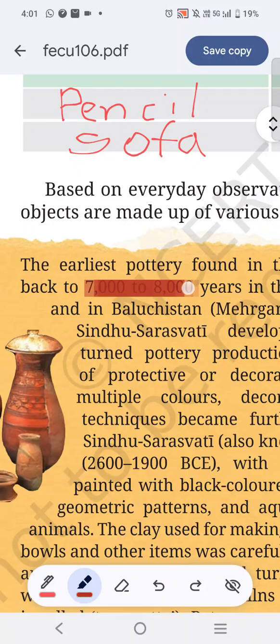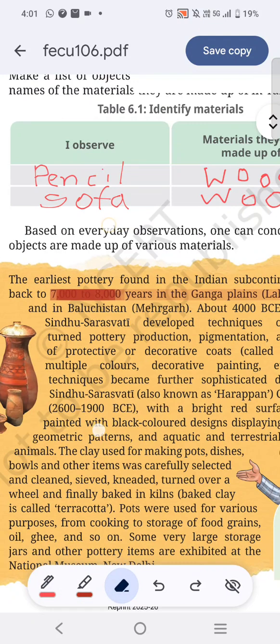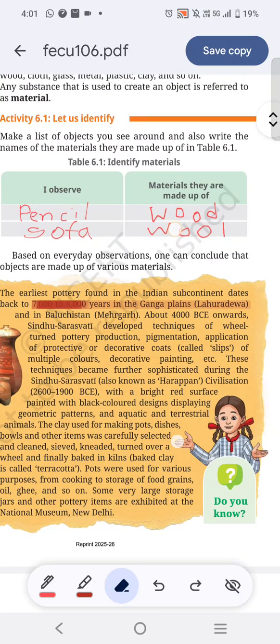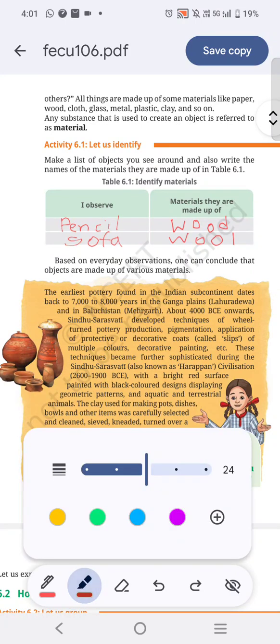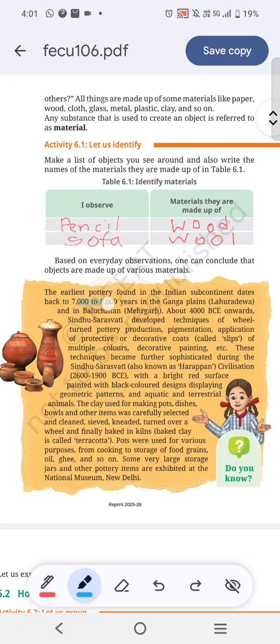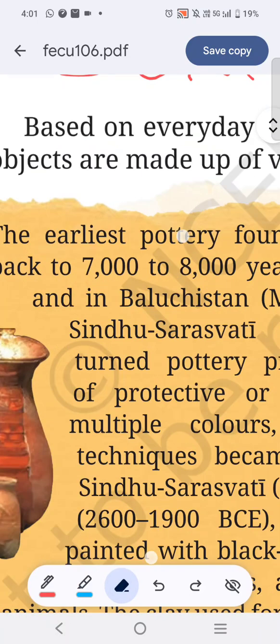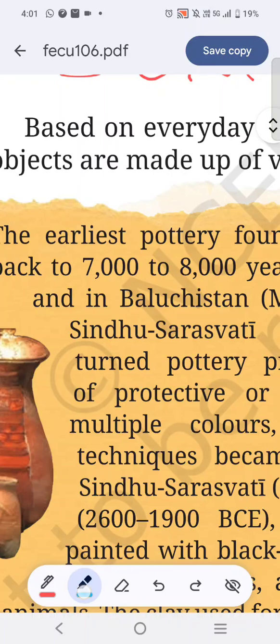Basically this paragraph is telling us that the earliest pottery, the first matka, was made 7,000 to 8,000 years ago. That is a flabbergasting thing to even read.